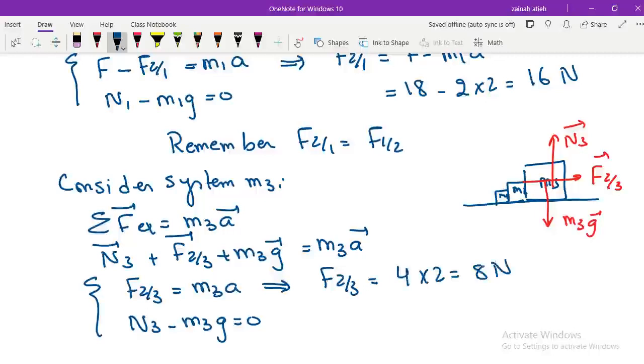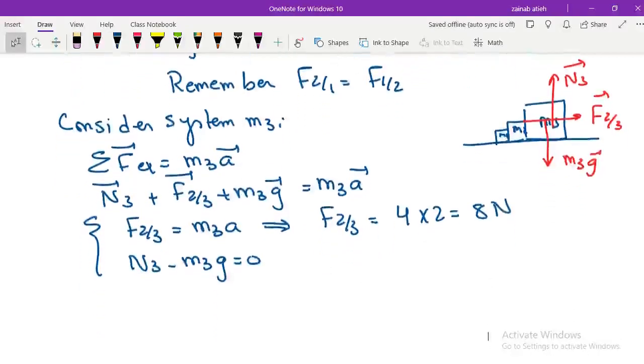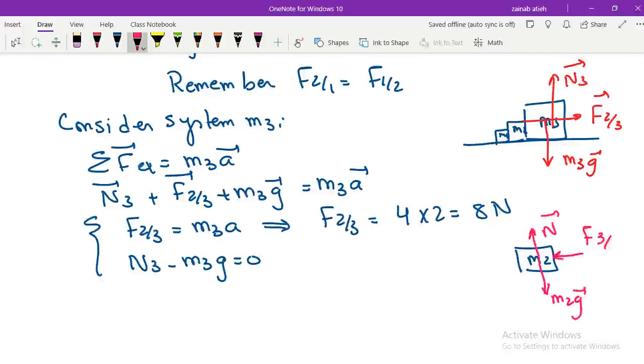I can do the same if I use block 2. Let's see the forces on block 2. This is block 2, M2. The forces on it are the weight M2G and the normal. Then there is the force exerted by 3 on 2.